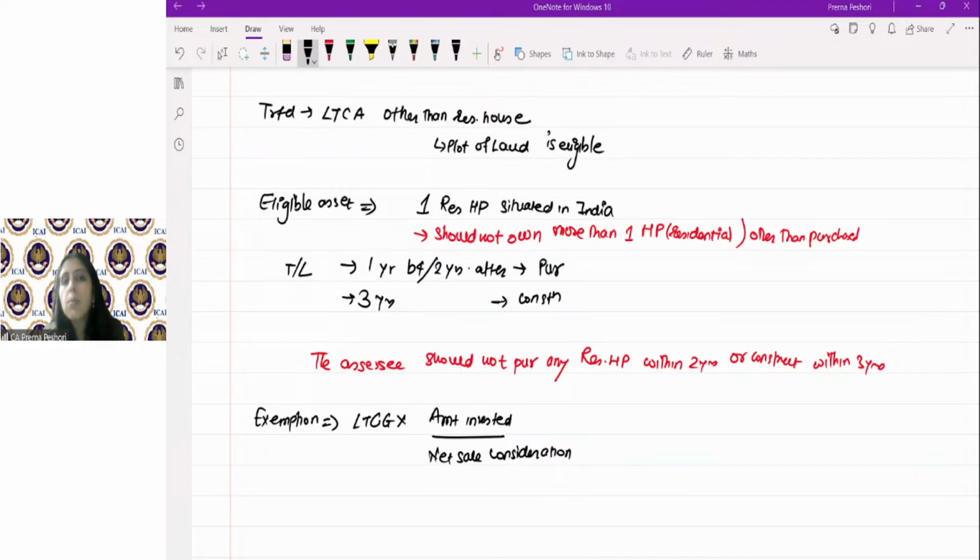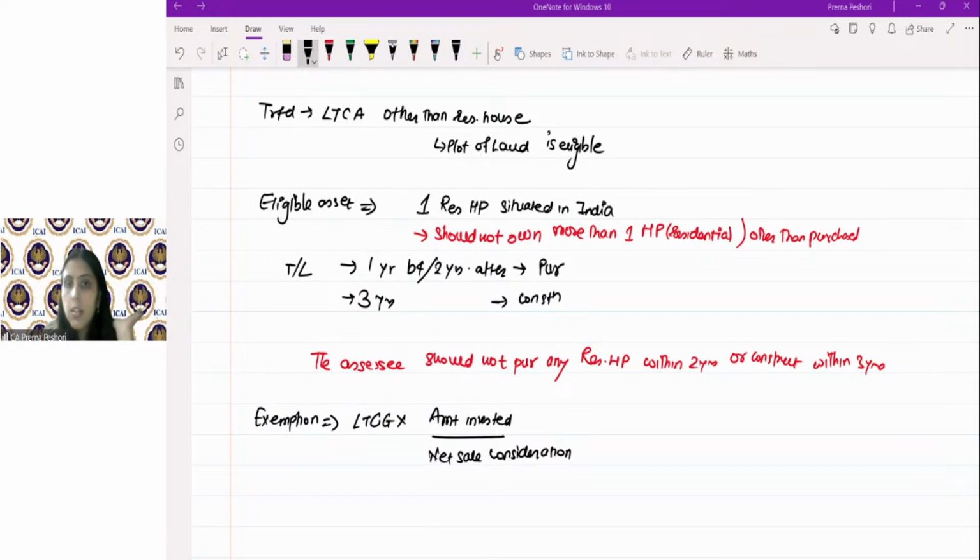In all other cases, we had the entire capital gain amount exempted. Right? But here what you would do is your capital gain into the amount invested divided by the net sale consideration.